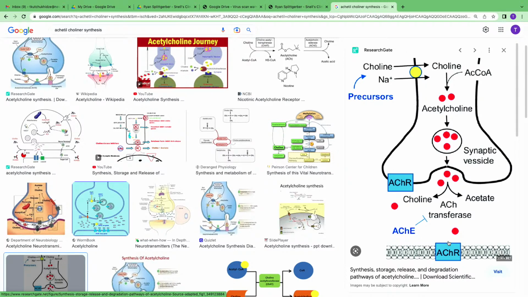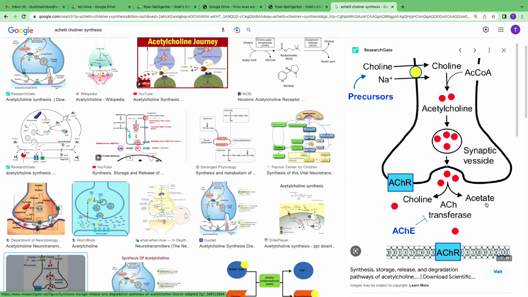However, of the amount that is synthesized, some of it is not needed, and in the synaptic cleft, which is the space between the pre and postganglionic neurons, we have acetylcholinesterase, which degrades acetylcholine to acetate and choline, and the choline is reabsorbed into our presynaptic neuron with sodium to start synthesizing acetylcholine one more time.